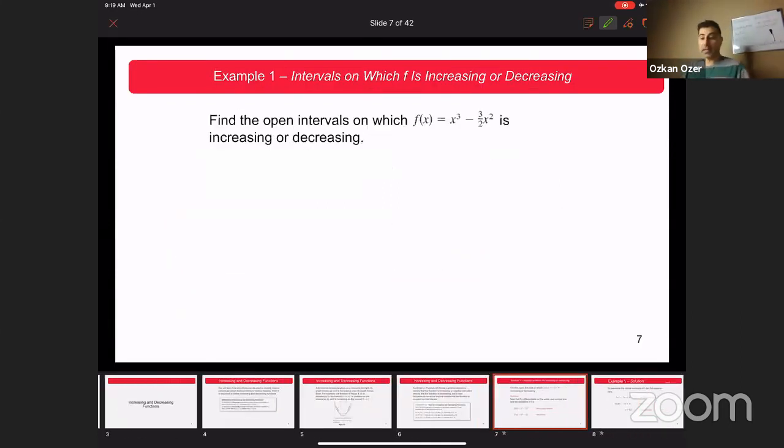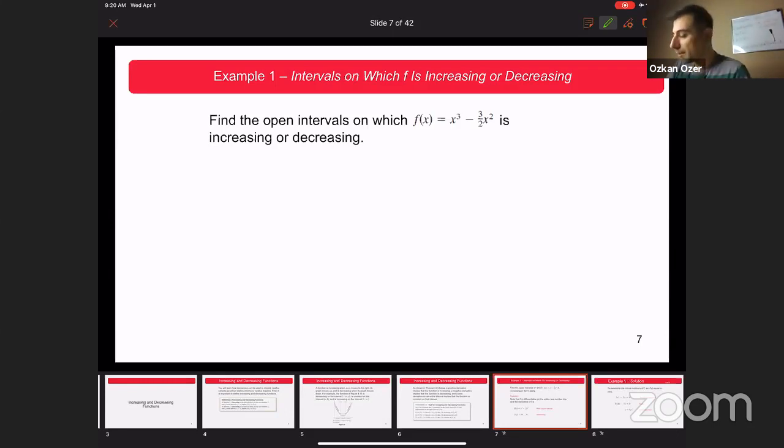So let's have an example just to apply this idea. The question is asking, find open intervals on which f of x is increasing or decreasing. All right, let's check this. Well, to determine if f is increasing or decreasing, we should look at f prime. And then you have to ask this question to yourself, is f continuous, is f differentiable?